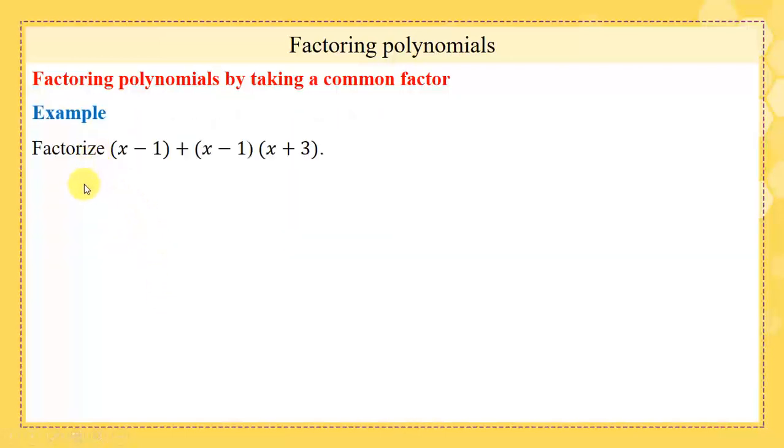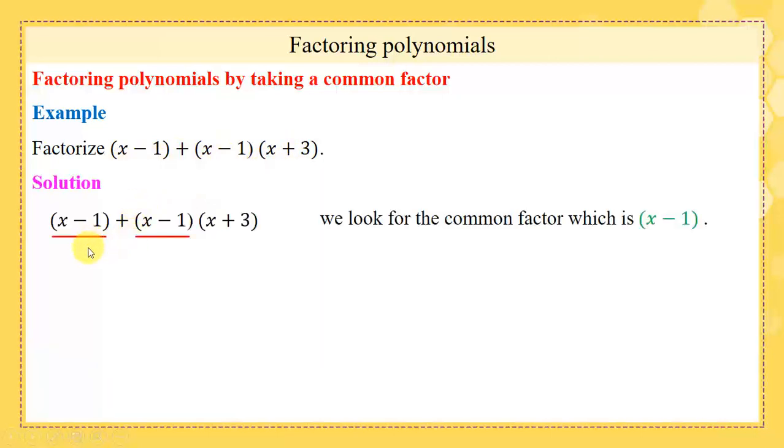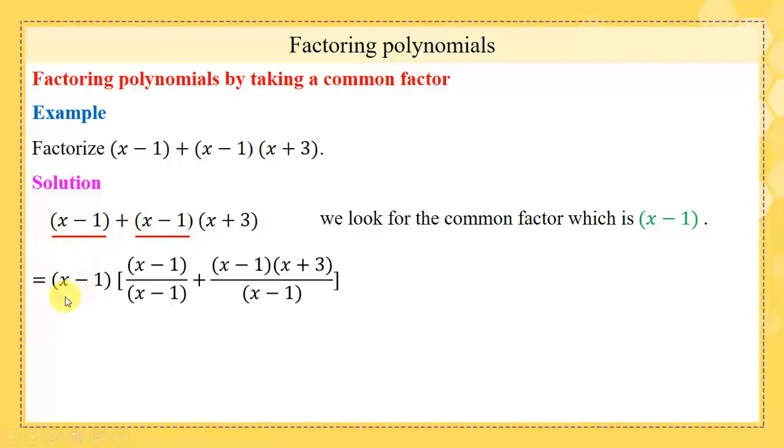Example: factorize (x minus 1) plus (x minus 1) times (x plus 3). Solution: please look at the following expression. The common factor here is a binomial, which is x minus 1. We underline it. We put the common factor x minus 1 first, then we open a bracket.